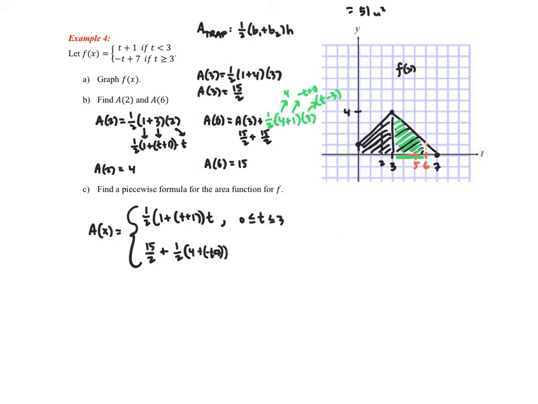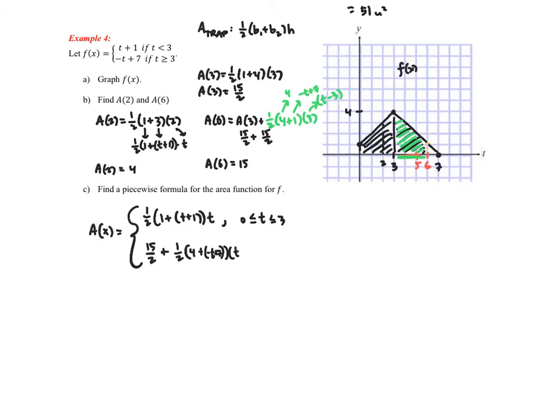And of course, the length between the two t values will be whatever t is minus 3. Now, I don't think I'm going to clean that up too much. I'm just going to leave that. And I believe I can safely say that's when t is greater than 3. So again, the area of a trapezoid is 1/2 base 1 plus base 2 times the height, or the length between the bases.